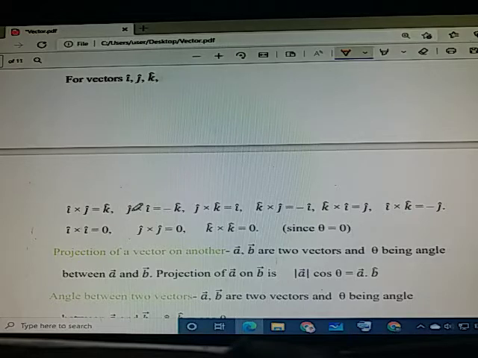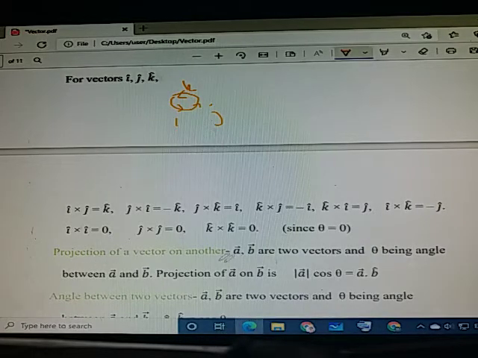If we say j cross i, then it is minus k. So it is cyclic: i cross j is k, j cross k is i. If we reverse the order, the direction changes, like that.